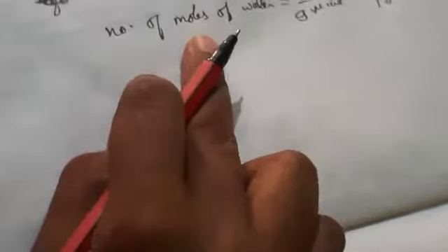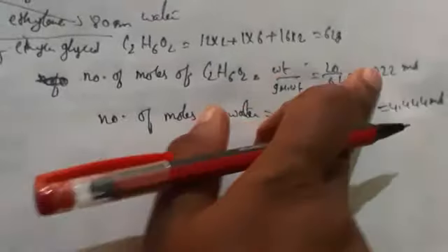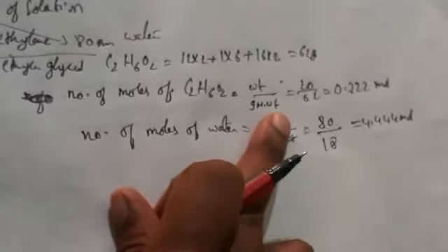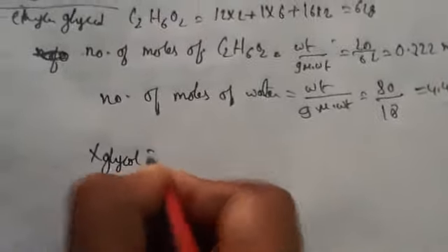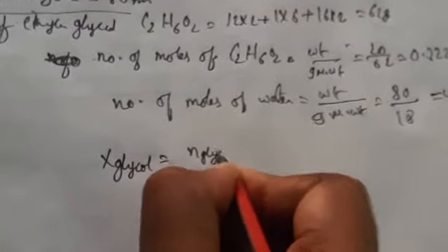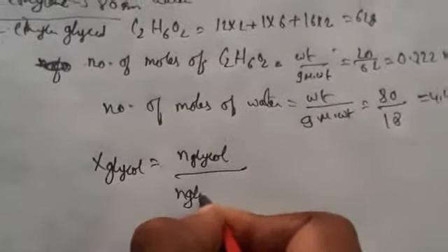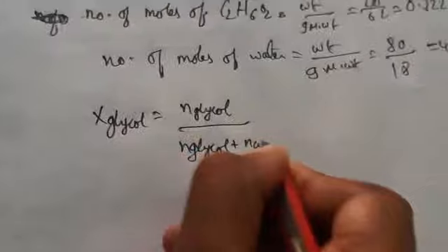Here, moles are weight by gram molecular weight. Now what is the formula? For example, if we are finding glycol, it is N glycol by N glycol plus N water. What do you mean by N glycol?